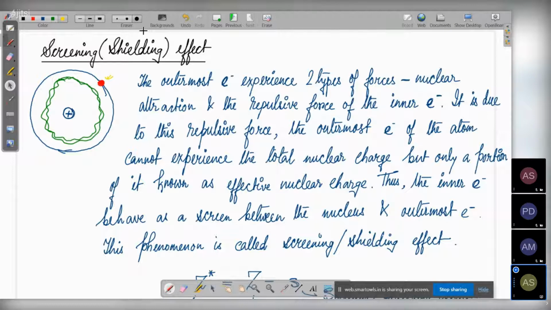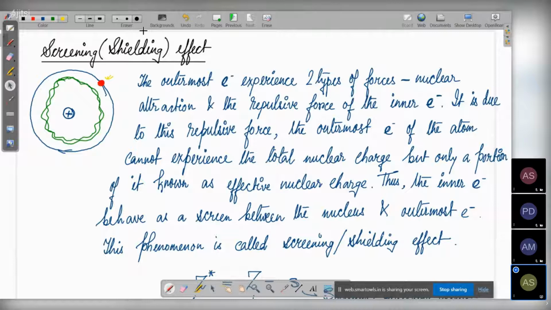due to this repulsive force by the inner electrons, the outermost electron cannot experience the total amount of attractive force. That is, the outermost electron cannot feel the total pull by the nucleus. That is, it cannot feel the total nuclear charge. Rather, it can only experience a part of the total. And that part of the nuclear charge is called the effective nuclear charge. What did I say in this slide?